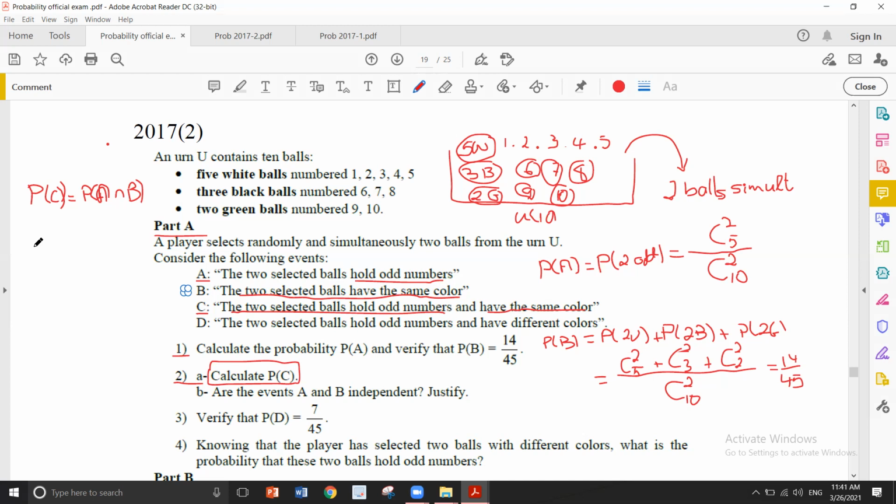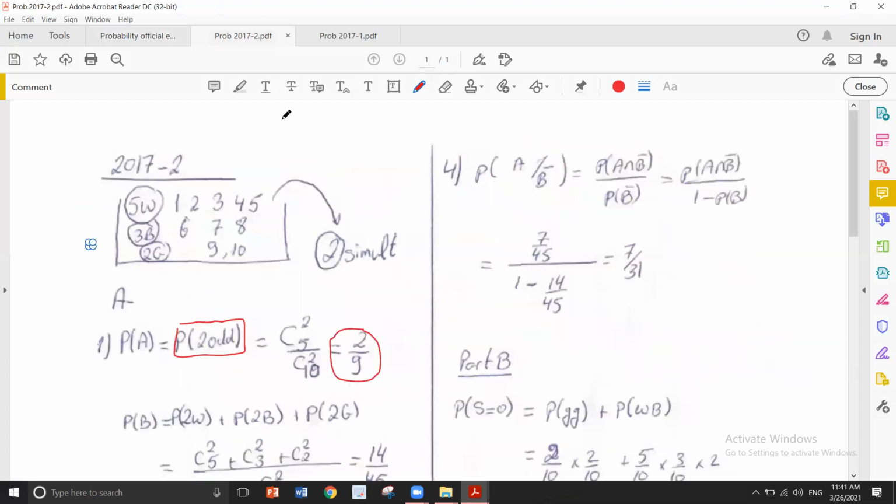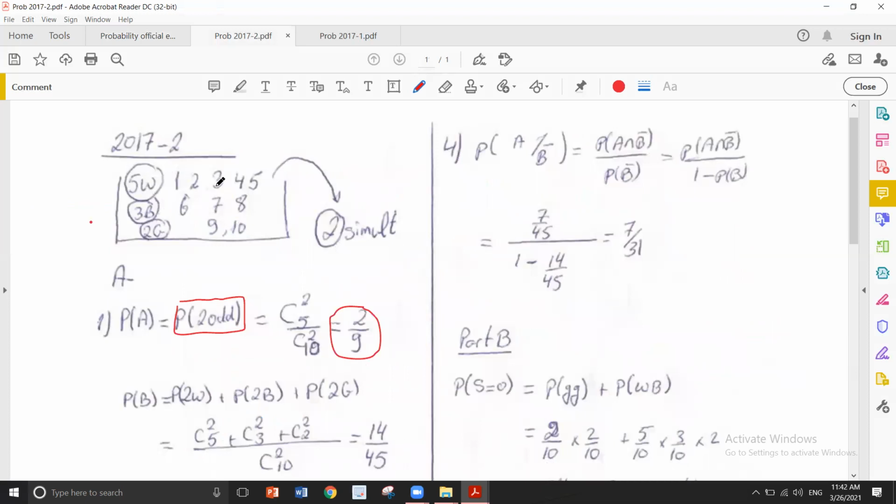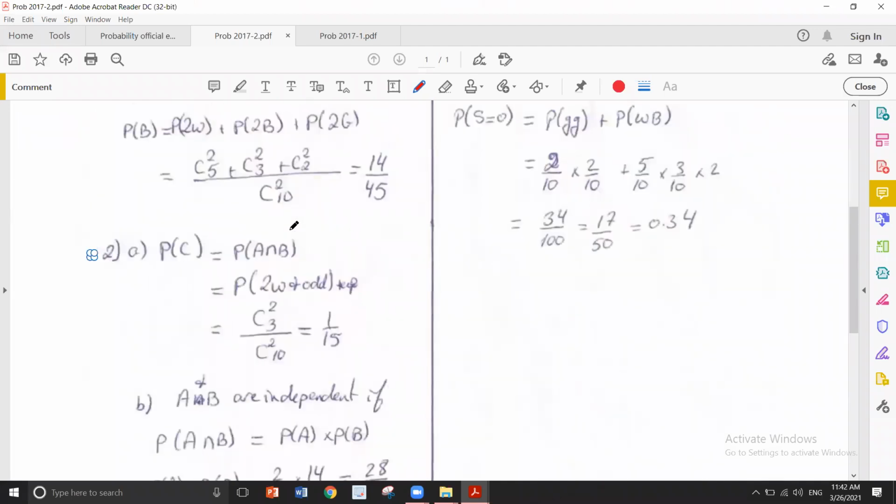So either two odd and white, or two odd and black? There is no two odd and black. So the event is two odd and white.